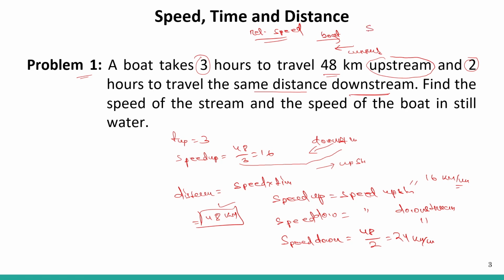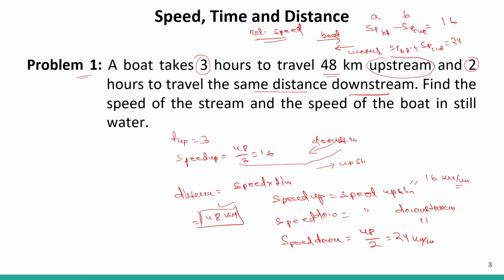So speed of boat minus speed of current is equal to 16. Let this be A and let this be B. And speed of boat plus speed of current is equal to 24, since the downstream speed is 24 kilometers per hour.